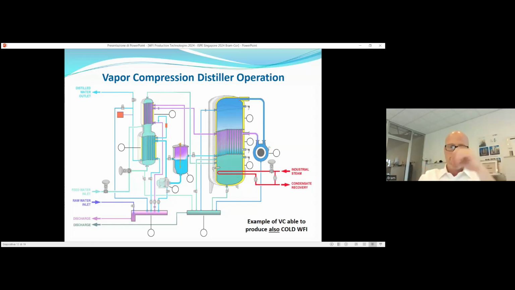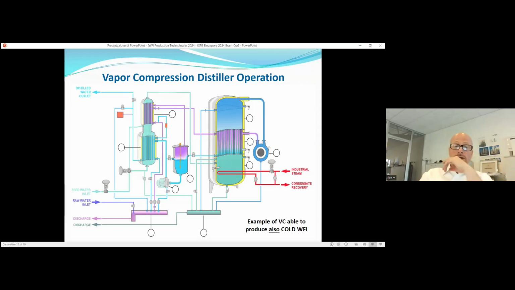So it's a thermal exchange. Then, as you see, there is a pump and a tank. We pass that semi-condensed WFI through this system, practically with a double effect. The first one is to strip out the incondensable gases. The second one gives that pumping to the WFI that we were mentioning before, for which the vapor compression distiller is giving WFI at 1.2.